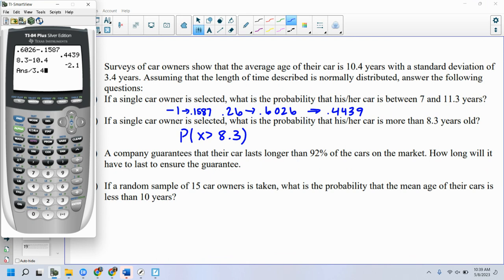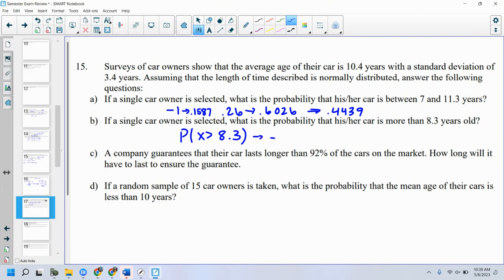The z-score for 8.3 is negative 0.62. That's just the z-score, not the probability. Now I go to my table for negative 0.62.